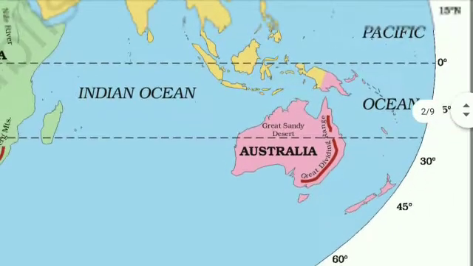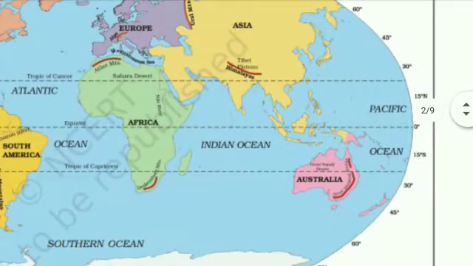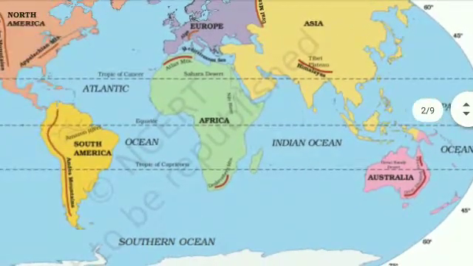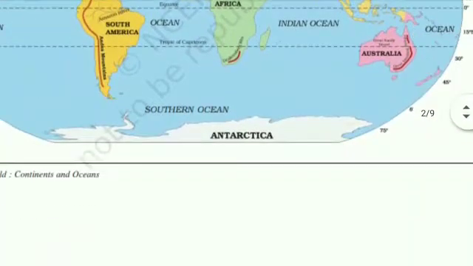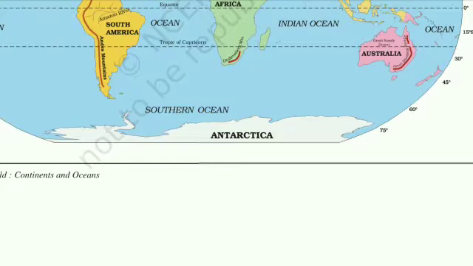Next one is Antarctica. This is a huge continent and is present in the South Polar region. In fact, the South Pole lies at the center of this continent. There is no human settlement in this continent.